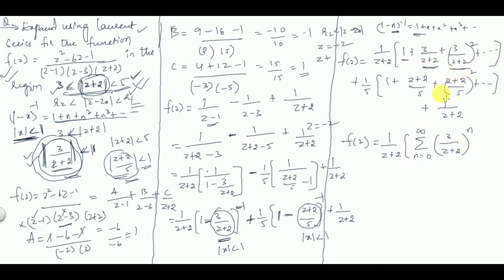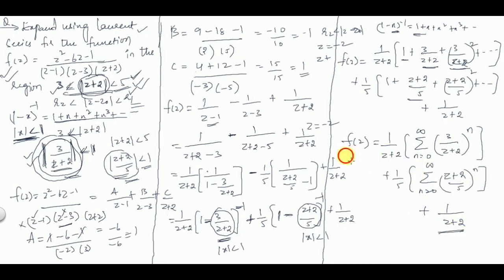When you substitute 2, you will get 3 by z plus 2 whole square, and so on. So this can be represented like this, plus 1 by 5 into summation n equal to 0 to infinity of z plus 2 by 5 whole to the power of n. In the same way you can represent it like this, plus 1 by z plus 2.